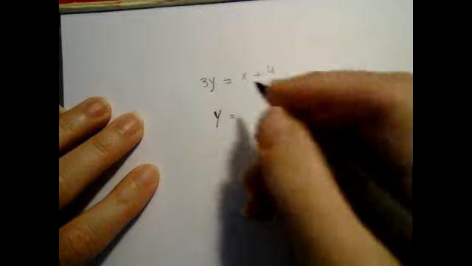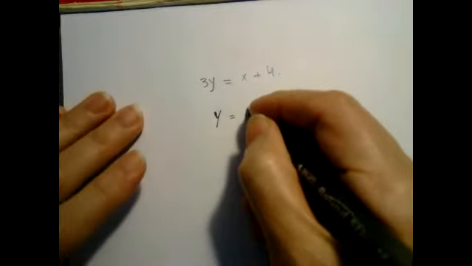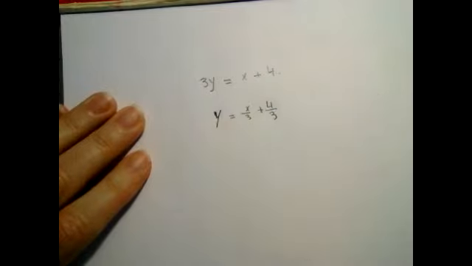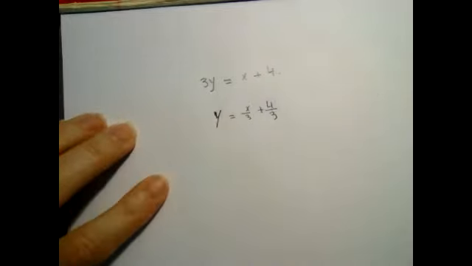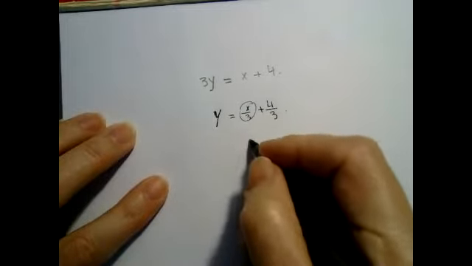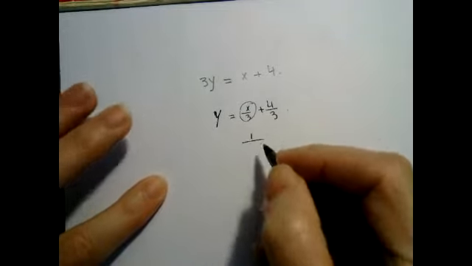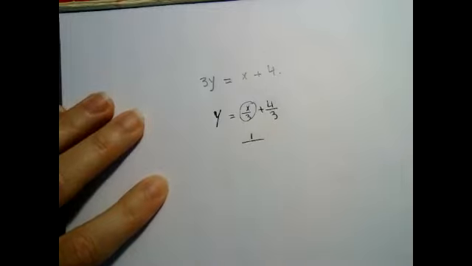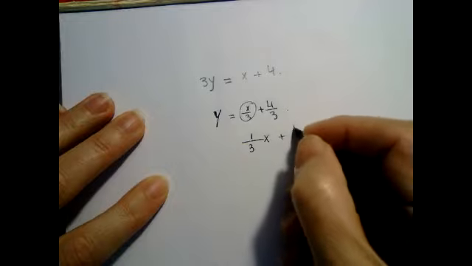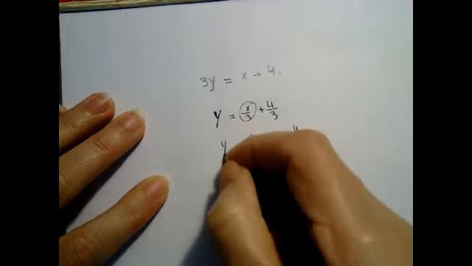So x over 3 plus 4 over 3. We divide across by 3. Now, I know you know what you're doing, but the writing is problematic. You should write 1 over 3x plus 4 over 3.